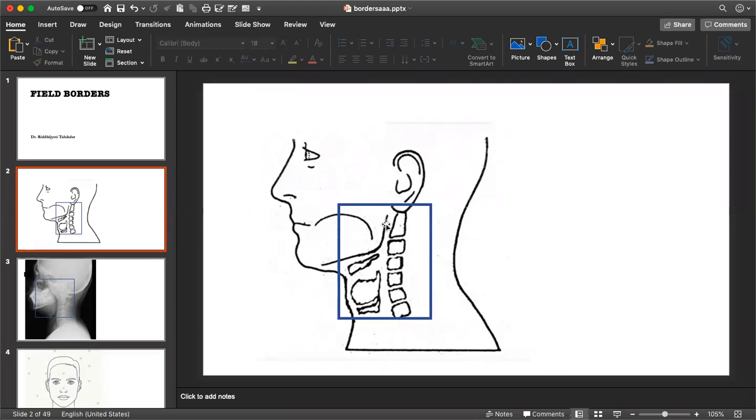Your anterior border would run through the middle of the tongue. So anywhere at the middle one third of the tongue, you can put your anterior border based on the anterior extent of the disease that you can very well assess in a CT scan.